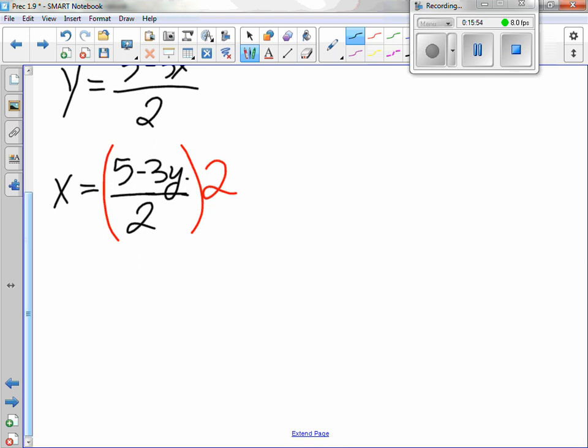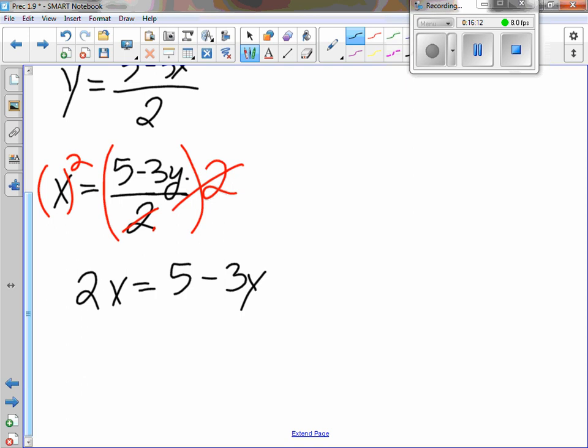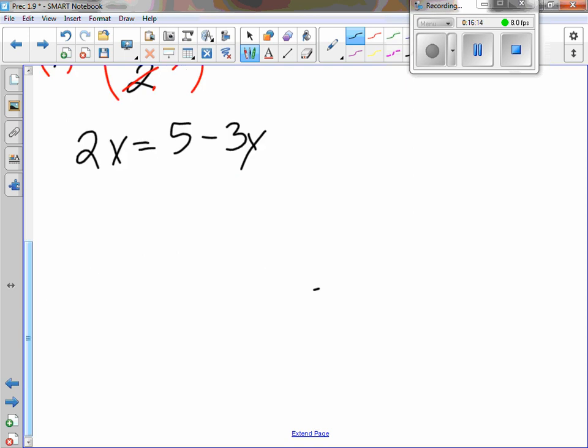That'll change things. Now, the first thing I would do is multiply both sides by 2. I don't like fractions. If I can get rid of fractions, I'm going to get rid of them. Then what? We would subtract 5 from both sides, yes?